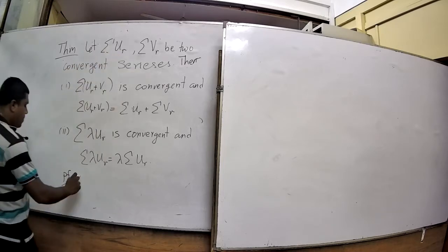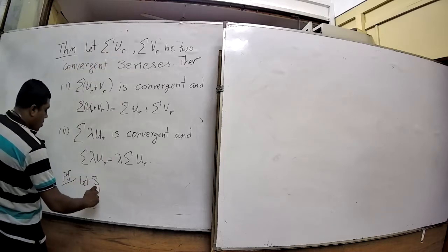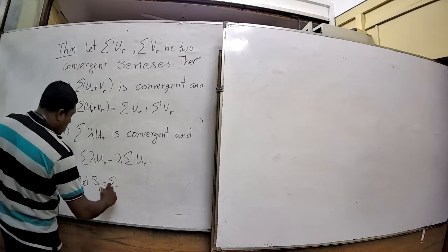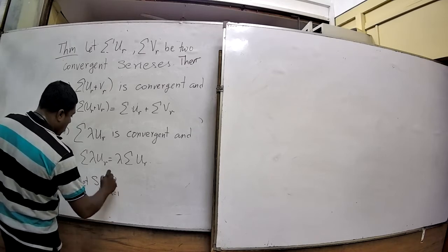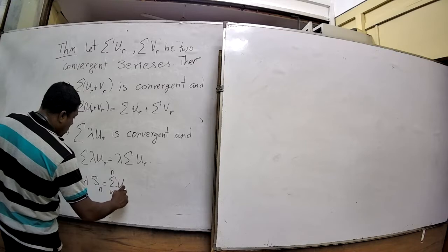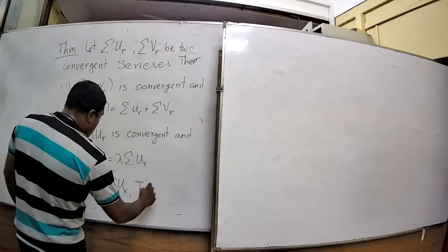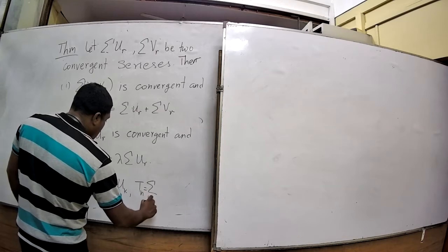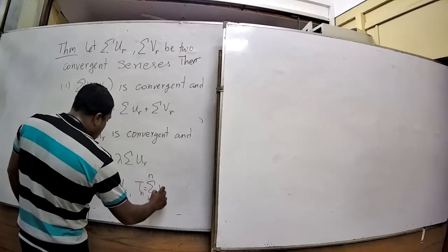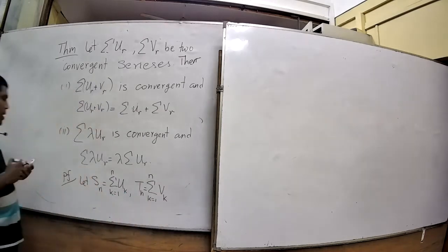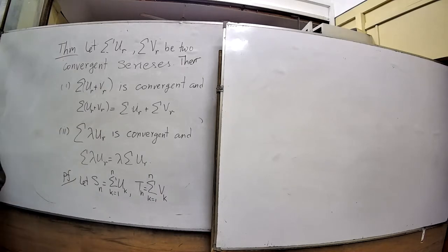Let S_n be the partial sum of the series summation of u_k, and T_n will be the partial sum of the series summation of v_k.